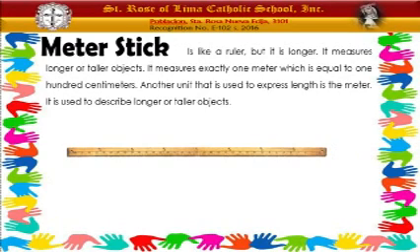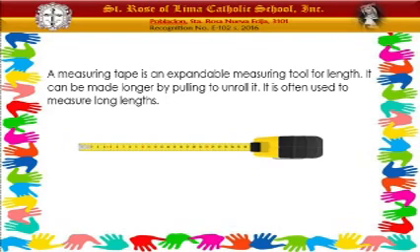It measures longer and taller objects. It measures exactly 1 meter, which is equal to 100 centimeters. So another unit used to express length is the meter. It is used to describe longer and taller objects.